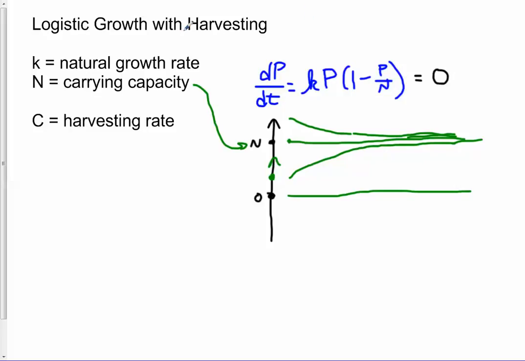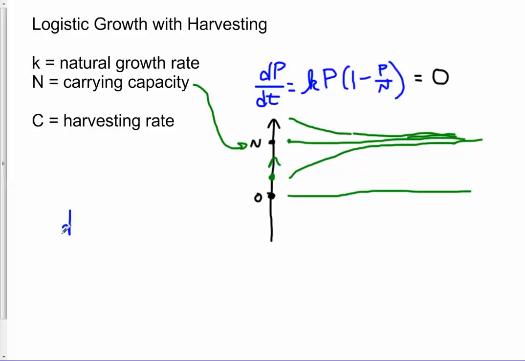All right, but then, and we did look at this in a problem or two, what if at the same time humans are harvesting this population? So the typical example here is fish. Fish would normally grow according to a logistic model, more or less, but if humans are also fishing the area, then that's an additional decrease of population that has to be accounted for in the differential equation.